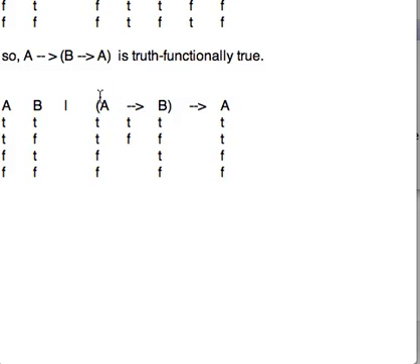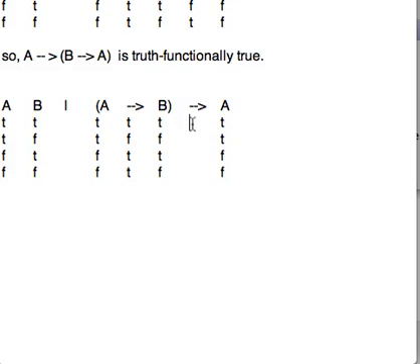And remember the trick that I just told you about: whenever the left-hand component of the material conditional is false, the whole thing comes out true, given the truth table for the material conditional. So here A is false and A is false, so the material conditional is going to be true in both those cases.